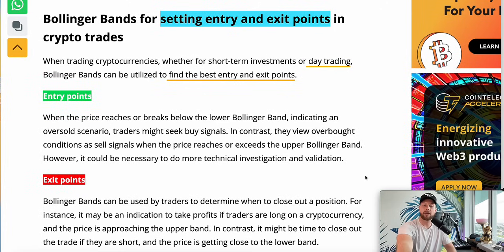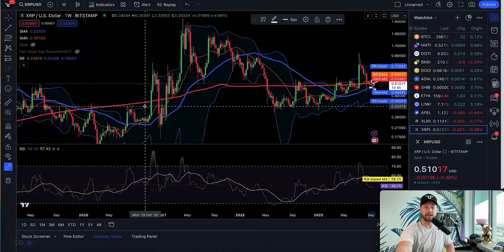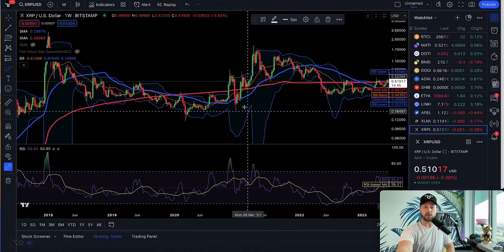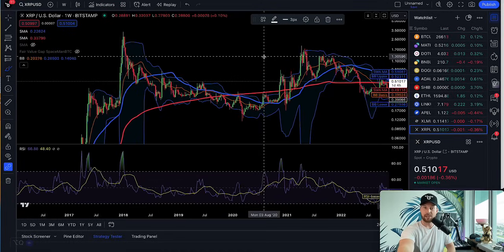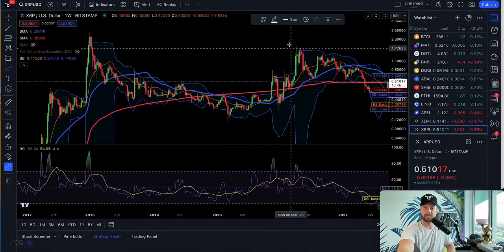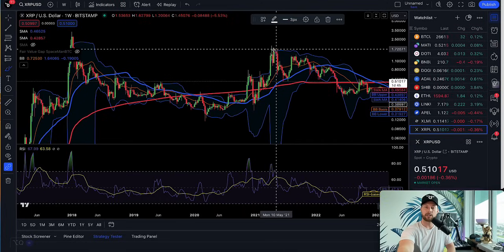So determining your exit points as you let your runners run, for instance, it may be an indication to take profits if traders are long on a cryptocurrency and the price has been approaching the upper band multiple times. The first time that it approaches the upper band might not be the best time to sell, but when it does it multiple times and then drastically overextends it, more than two or three times, then that could be a good indicator that the price is going to experience a trend reversal when you stack that with moving average crosses and look at other indicators as well.